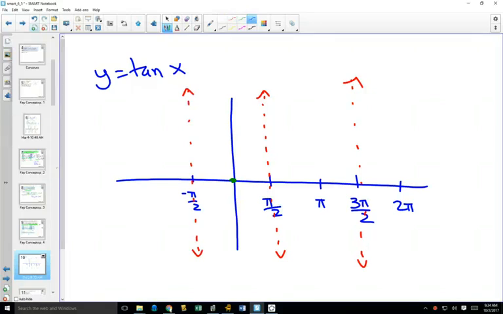Okay. So we know that tan of 0 is 0. What's tan of pi? 0. What's tan of 2 pi? 0. Now that doesn't really help us graph it completely. What are some other nice values of tan that you know on your unit circle?